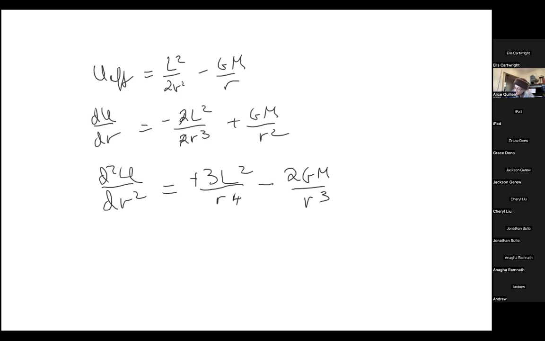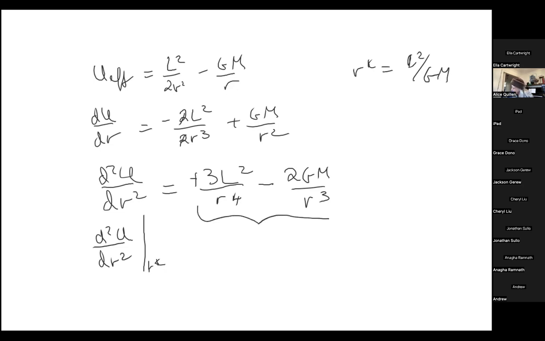And then I need to evaluate this at r star. And remember, r star was L squared over GM. And when you do that, what you wind up with is what we call kappa squared. Another word for it is actually the epicyclic frequency.